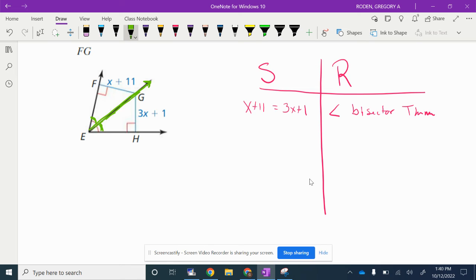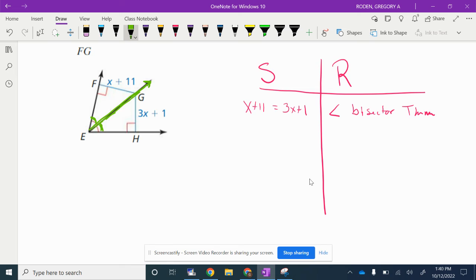What else do we have to know before we can actually set those two equations equal? Okay, it's on the angle bisector, but that doesn't automatically say they're going to be equal. So we actually probably should put another reason here.